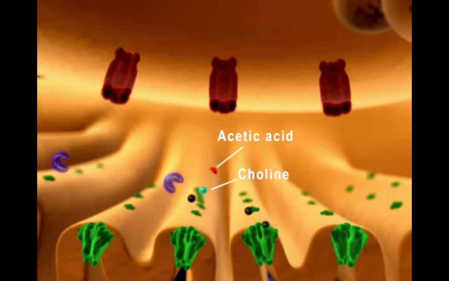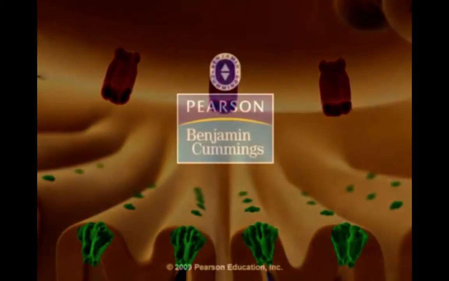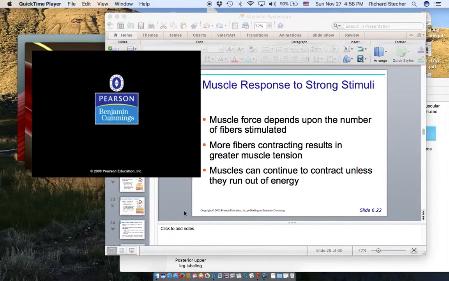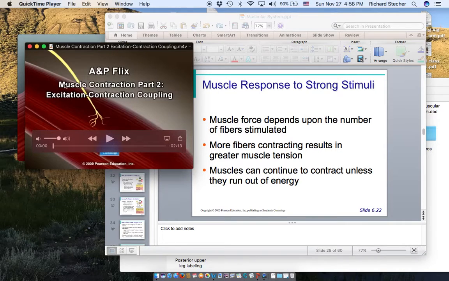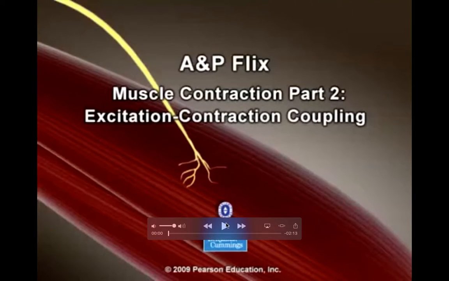Choline is then transported into the axon terminal for the resynthesis of acetylcholine. Okay, so the end was not something you need to memorize, it just shows you that it is recycling a little bit here. So next part, to the muscle.